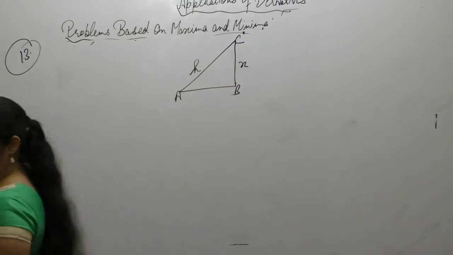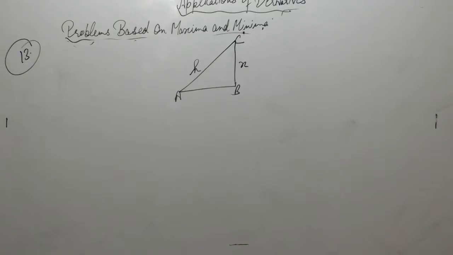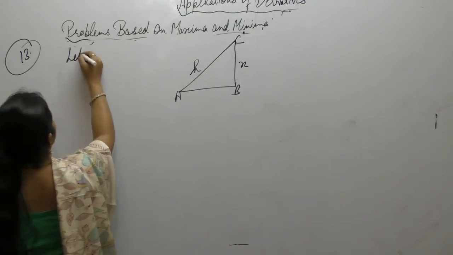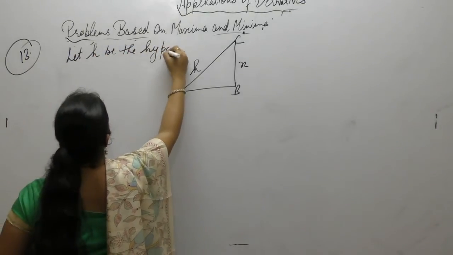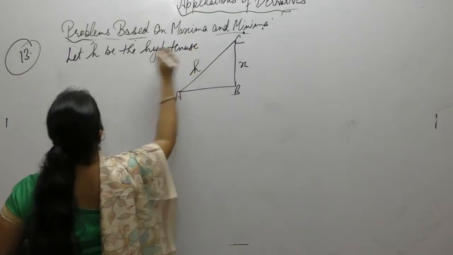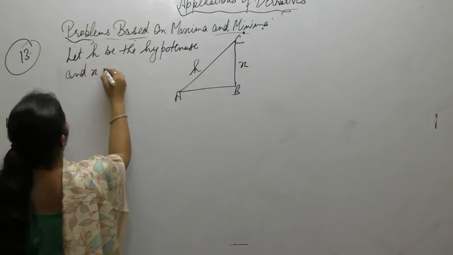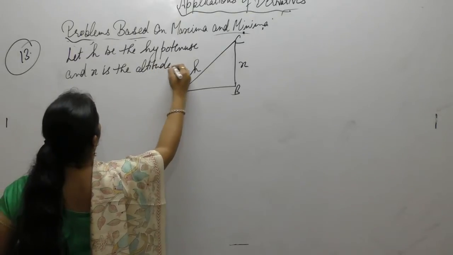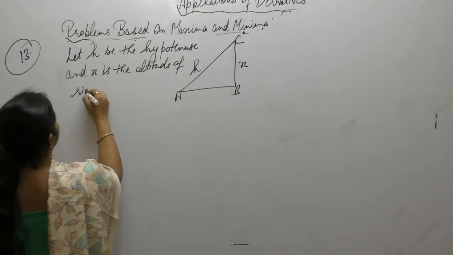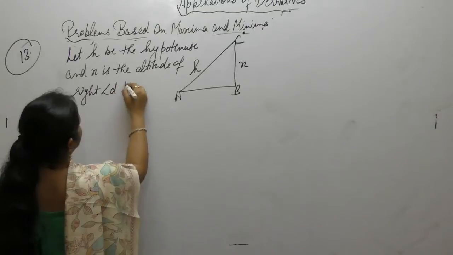Write down. Let H be the hypotenuse and x the altitude of the right angle triangle.